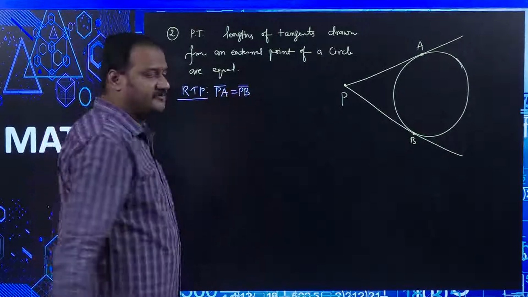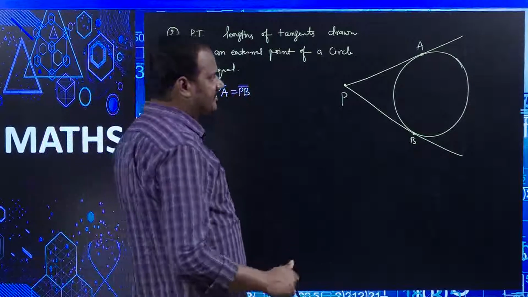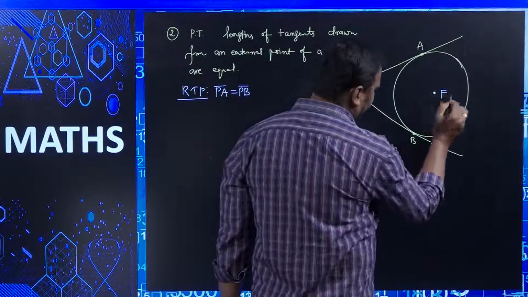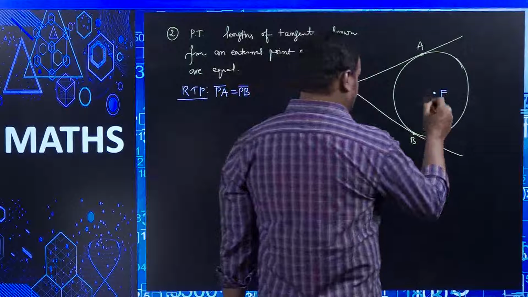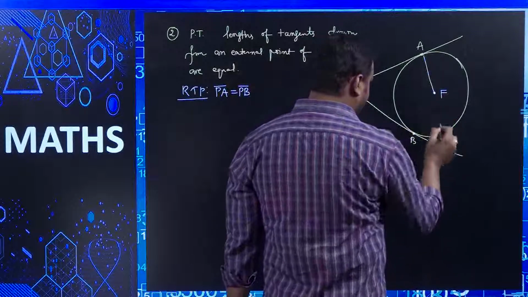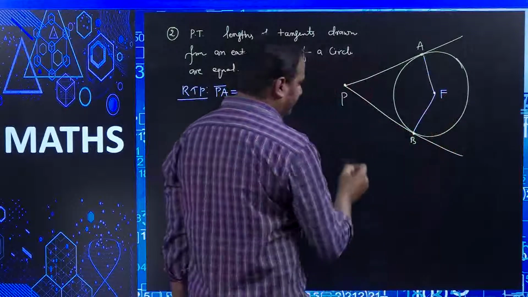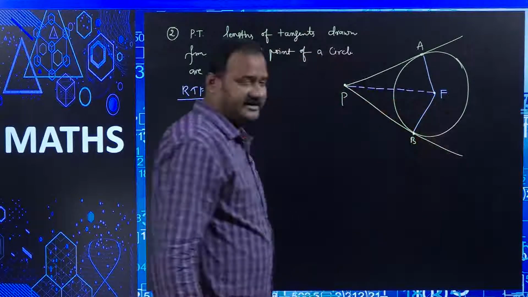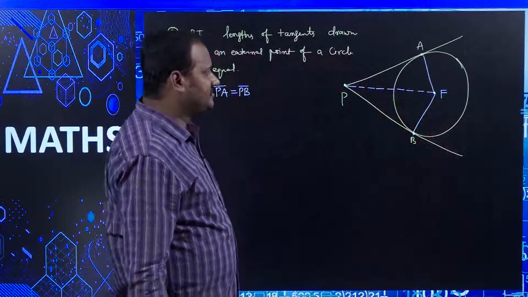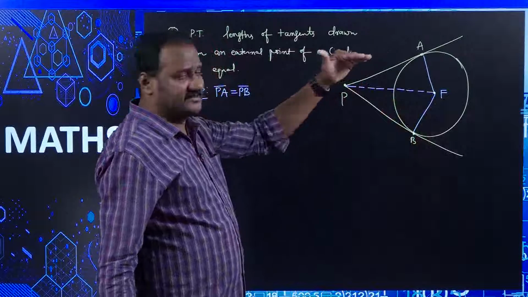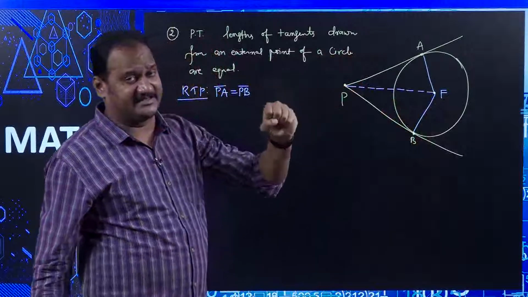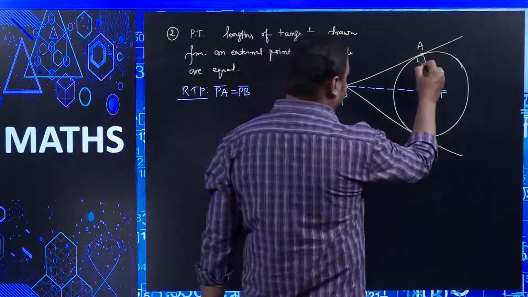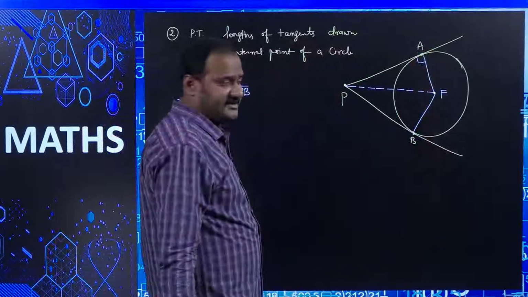In order to prove PA is equal to PB, we need a small construction. This is the center of the circle, let it be F. I am going to join F and A, F and B, and then F and P also, right? We already discussed the relationship between a tangent and the radius in the previous theorem: the radius is perpendicular to the tangent through the point of contact, and here also.